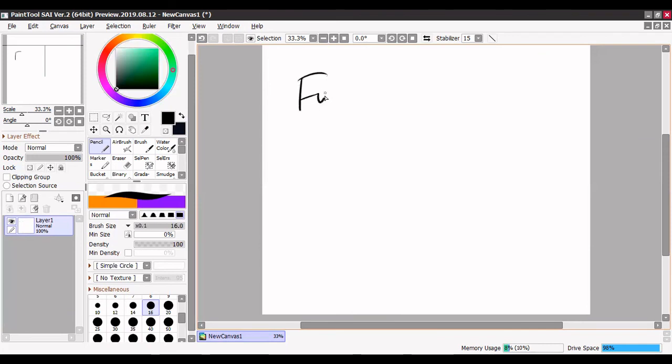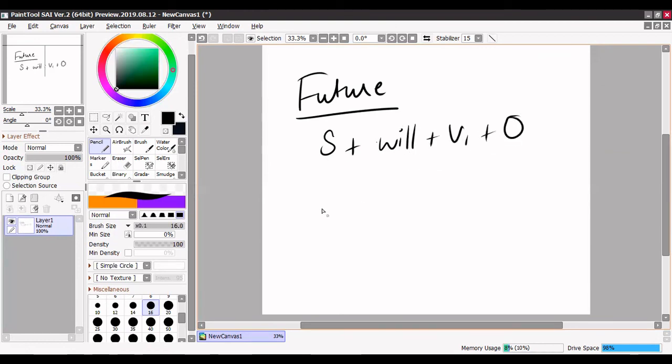It will be, for example, subject plus will, shall plus first form of verb plus object. That's the simple future tense, and it becomes subject plus will be plus third form of verb plus object.